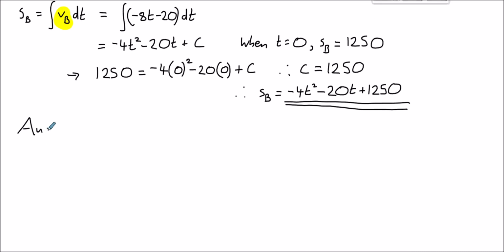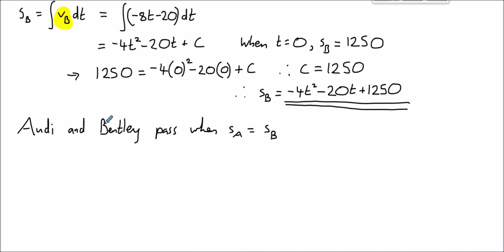Well, they'd pass when their displacement functions are equal, when they have an equal displacement from point A. So the Audi and Bentley would pass when the displacement of the Audi has the same value as the displacement of the Bentley.